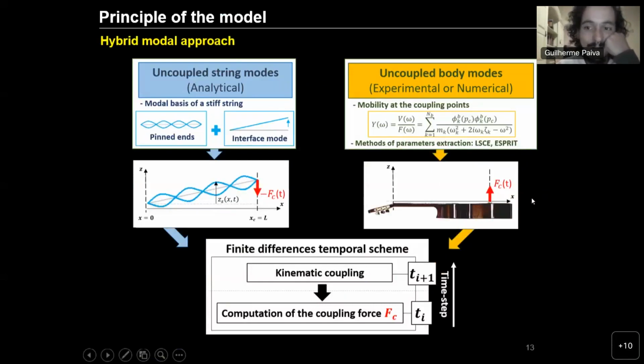We don't have modal damping factors here, so they are included afterwards, and we impose a simplification: we consider 2% for all body modes. We are currently working on that in order to include statistical and experimentally based damping factors.